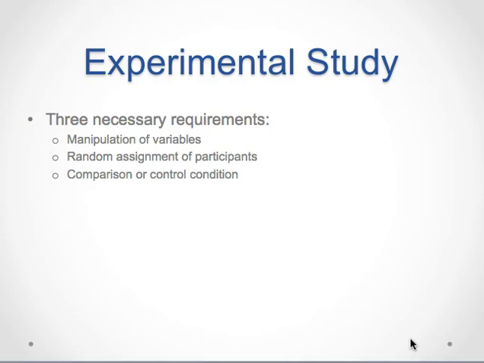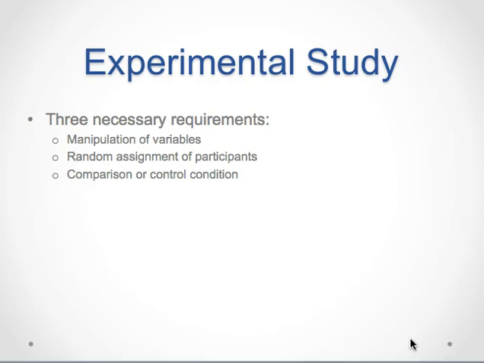Researchers use random assignment to place participants into groups. In order to do so, researchers manipulate or vary or change the levels of an independent variable to create the groups. Going back to our experiment example, the independent variable was room temperature. Room temperature is what changes from group to group.